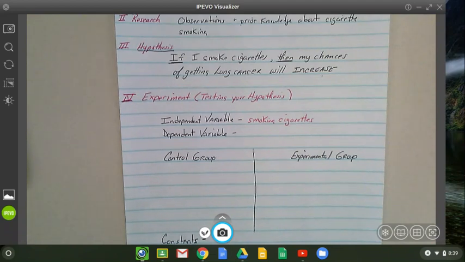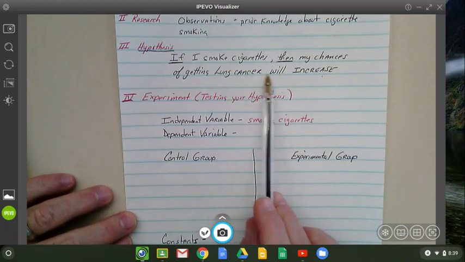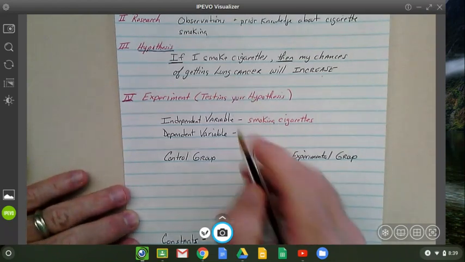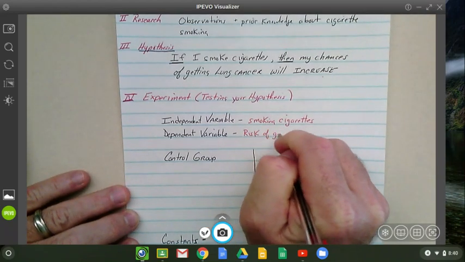The dependent variable is what we're measuring. So here, what are we measuring? We are measuring the risk of getting lung cancer. Okay, so the risk of getting lung cancer.